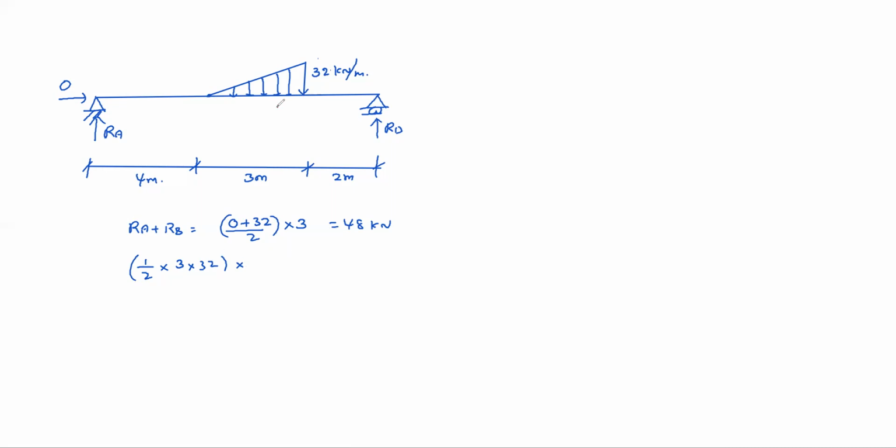What is the centroidal distance? See, for this triangle, from the apex side, 2/3 of base, 2/3 of 3, that equals 2 meters. So the centroid about A is actually 4 plus 2. That is the distance. That is a clockwise moment actually.